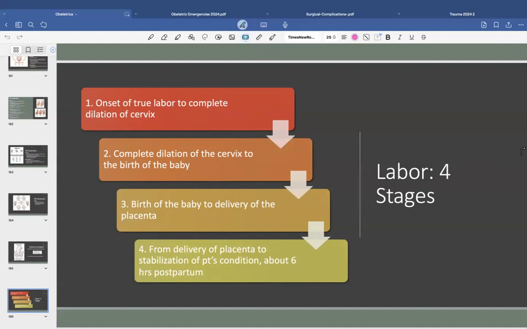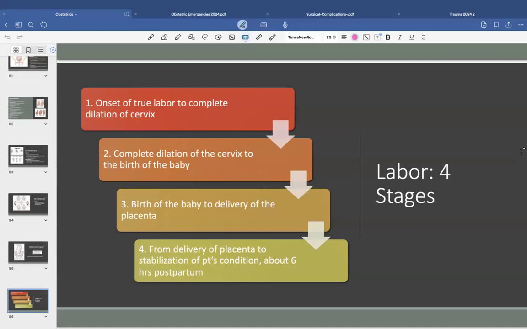Ten. The second stage is from complete dilation of the cervix to the birth of the baby. Stage three is the actual birth of the baby to the delivery of the placenta. And stage four is from the delivery of the placenta to the stabilization of the patient's condition, which is usually about four to six hours postpartum. So those are our four stages, which we're going to get into in detail.